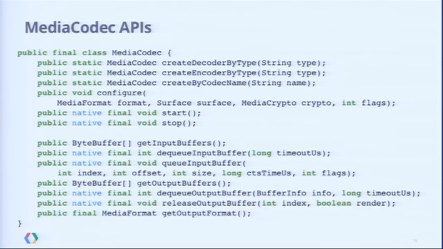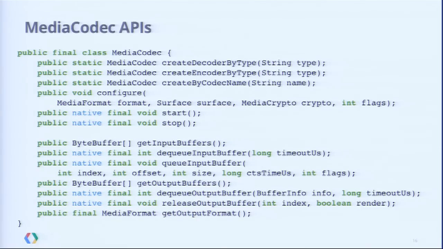Once you have a media codec instance, you need to configure this media codec for decoding or encoding purposes using the configure method. This configure method requires 4 arguments. The first argument is media format.